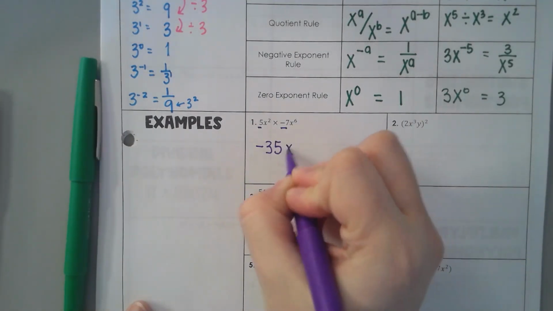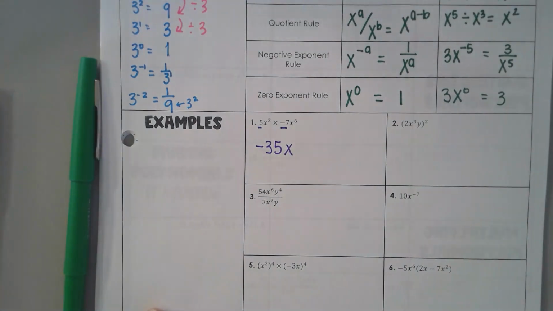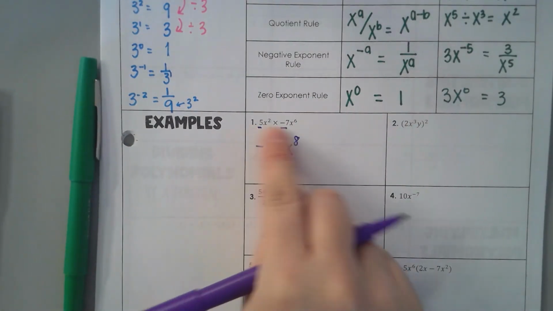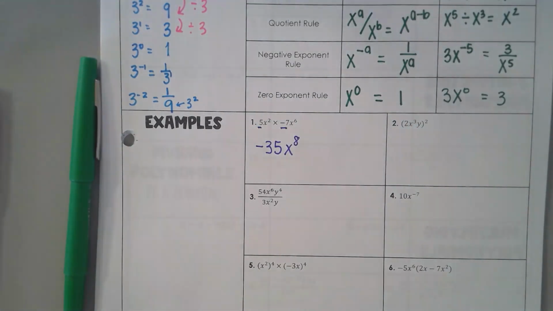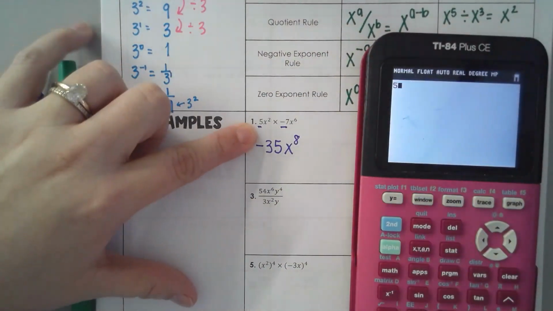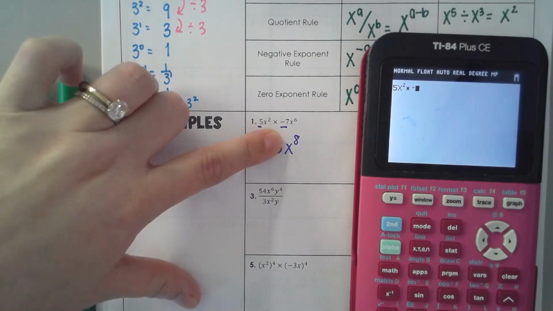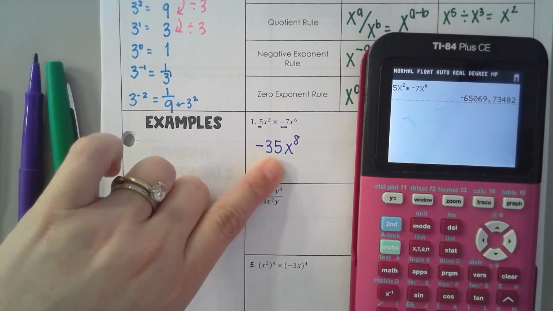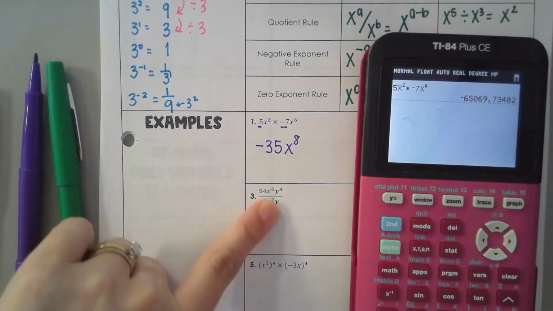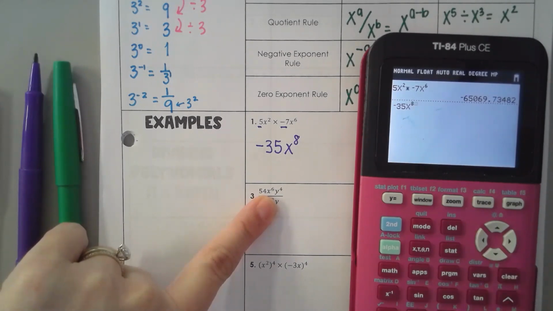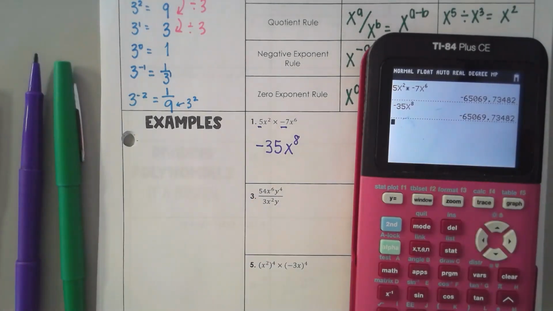And then I have x to the 8th. Here I'm multiplying two things, so you add the exponents. If you want to check your answer, 5x squared times negative 7x to the 6th, doesn't really matter what number is stored for x. Then if I do negative 35x to the 8th, I get the same thing. So I did it right.